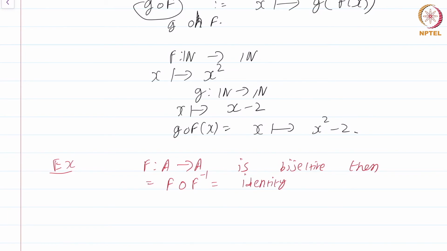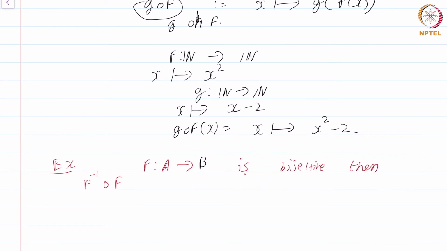Same is true of f inverse composed with f. In fact, there is no reason, you can always say f from A to B itself, except now you have to check. You cannot write f inverse f equal to f∘f inverse equal to identity. You will have to be a bit more careful.